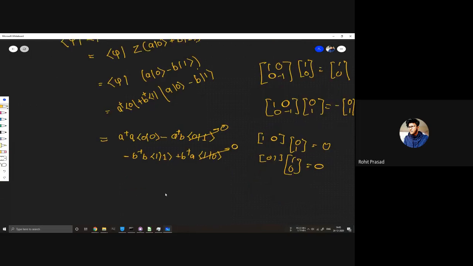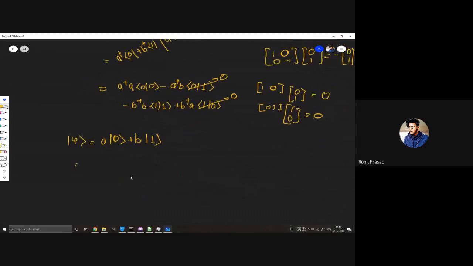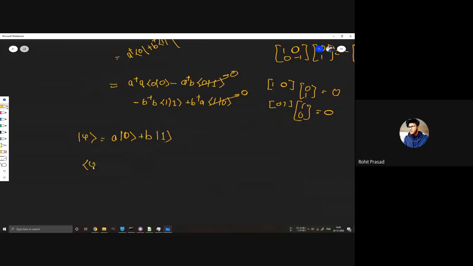Okay, so we are left with sigma z: a transpose a minus b transpose b.